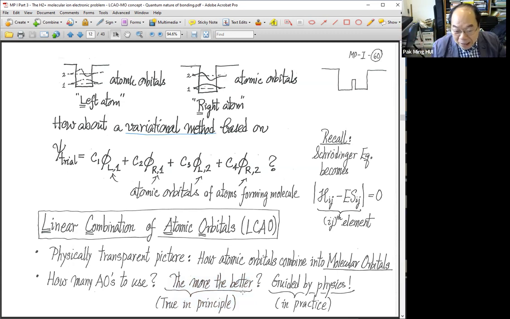But a better answer would be to be guided by physics. Because you know some atomic physics, when two atoms come together, you know rather clearly which atomic orbitals will be involved in forming the chemical bond.